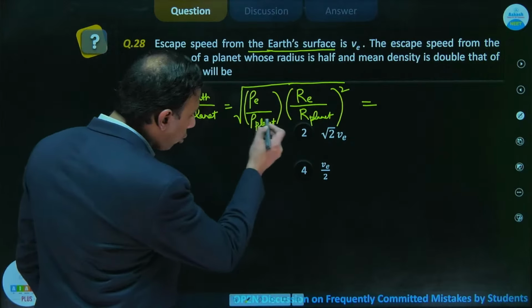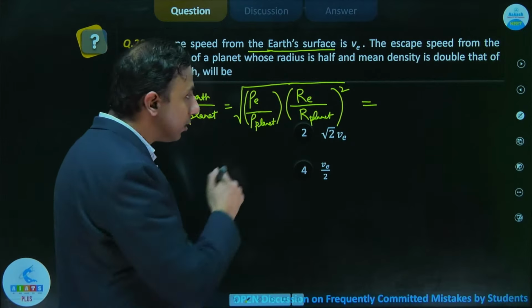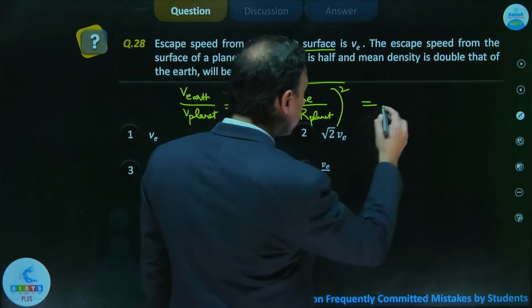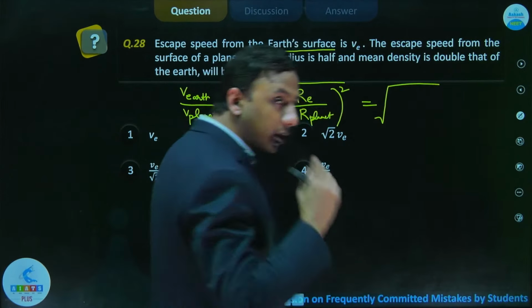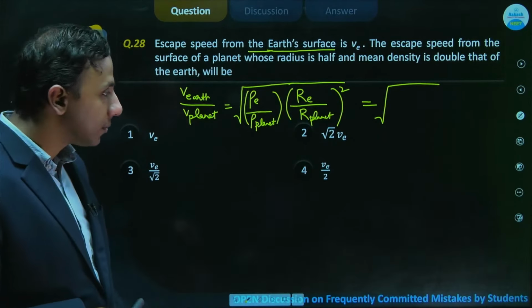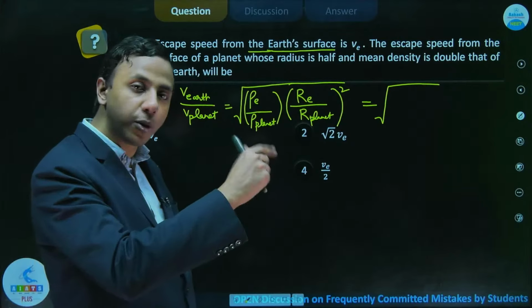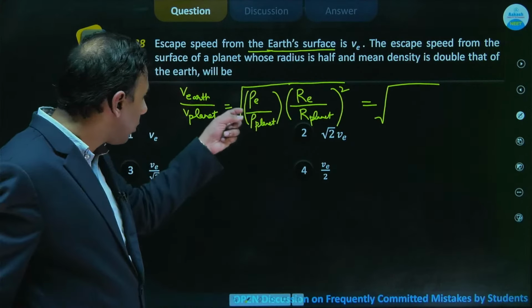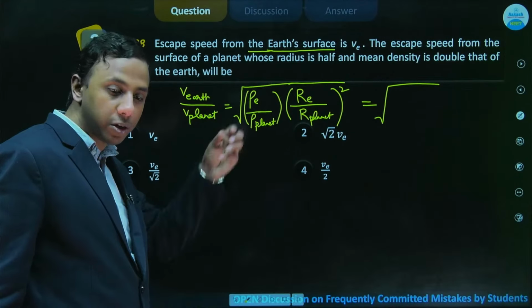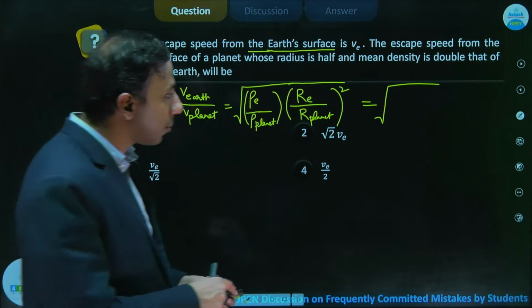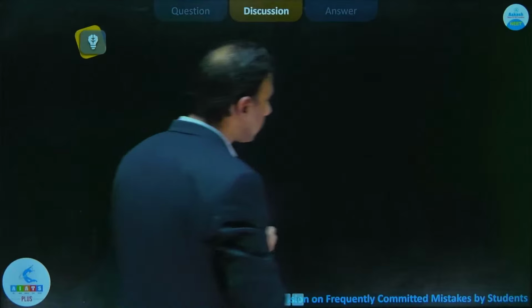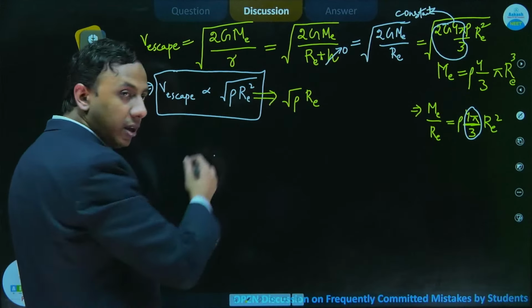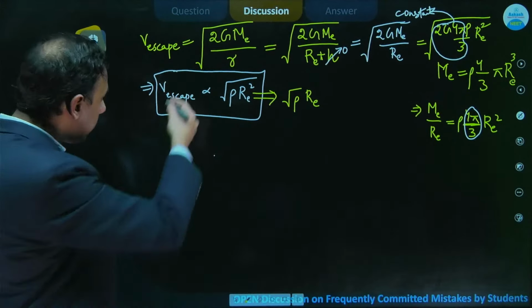So when you write 2 rho e over here, rho e will get cancelled. So what remains? One more thing students can ask: sir, there we had written V earth proportional to, but here how did the equality sign come? So remember students, when you write such proportional to, you can take the ratio, that is V1 by V2.